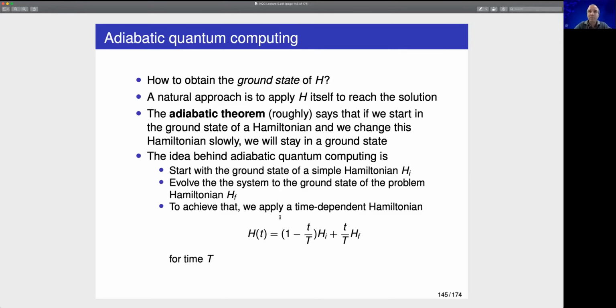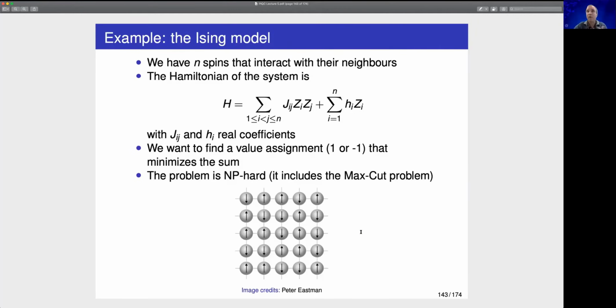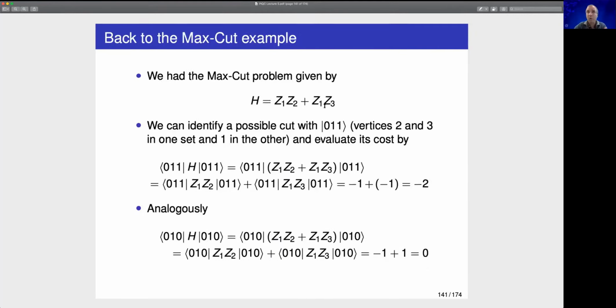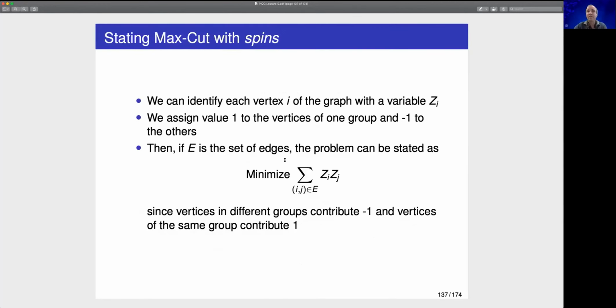And we are going to apply this, in our case, with a Hamiltonian that is time dependent, and it's going to be defined from an initial Hamiltonian and a final Hamiltonian that encodes the problem that we want to solve. So imagine, for instance, that I want to solve the Ising model, or I want to solve a certain instance of the max cut problem, okay?